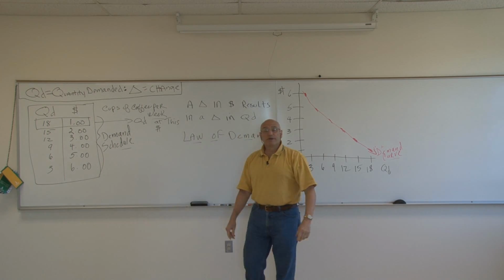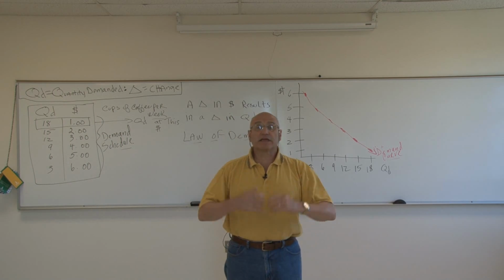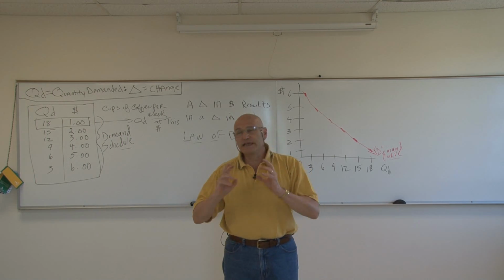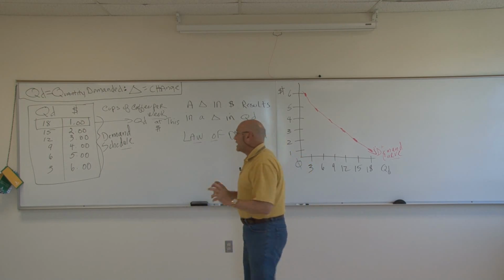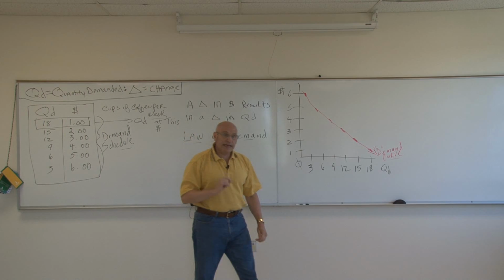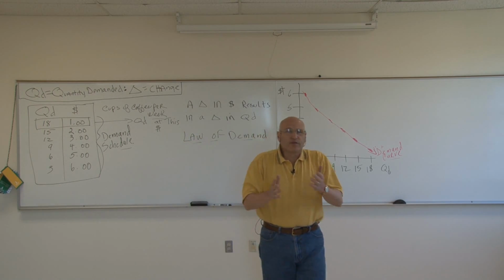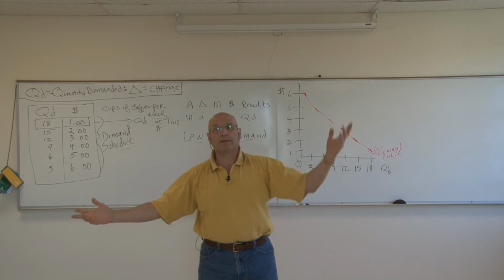The law of demand basically says that there is an inverse or a negative relationship between price and quantity demanded. Inverse simply means that price and quantity demanded will go in opposite directions.